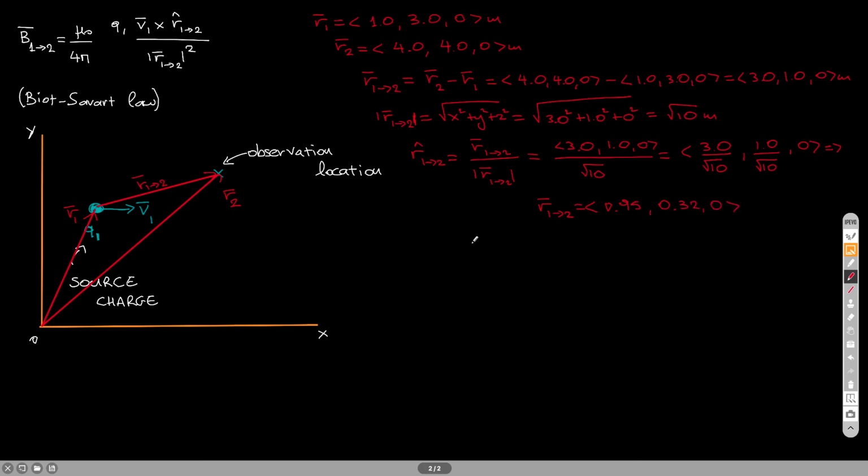Alright, now I have, this is just the unit vector. I made a typo. So now that I have this vector, the next step is to find the cross product.